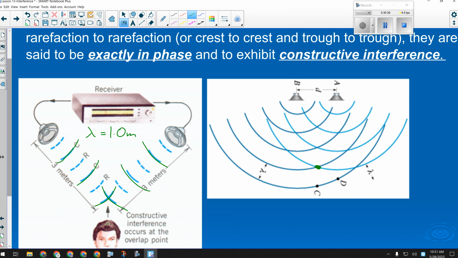What would the person hear if I put them here? So the difference in the colors there: the dark blue lines are coming from speaker B, the light blue lines are coming from speaker A. Right now, that person is on a crest from speaker B, but they're on a trough from speaker A. The troughs aren't drawn, but if they were, they would look like this.